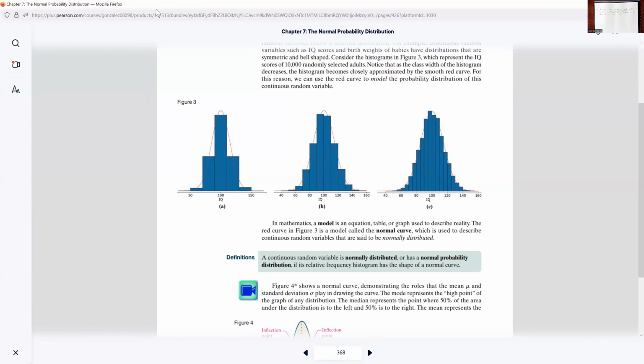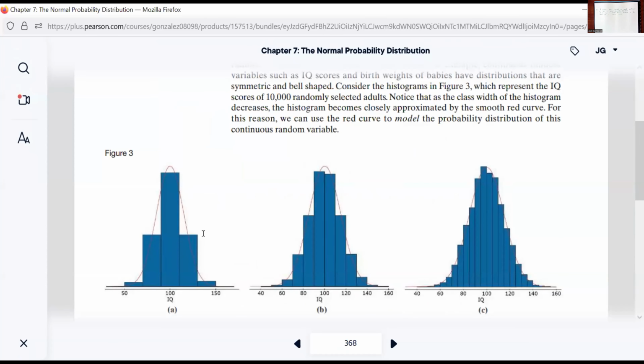So as you collect more and more data, you can see the curve gets smoother and smoother. When the population is bigger, eventually you get that curve. This is the IQ data. So the center being the average will have the highest frequency, right? That's common.